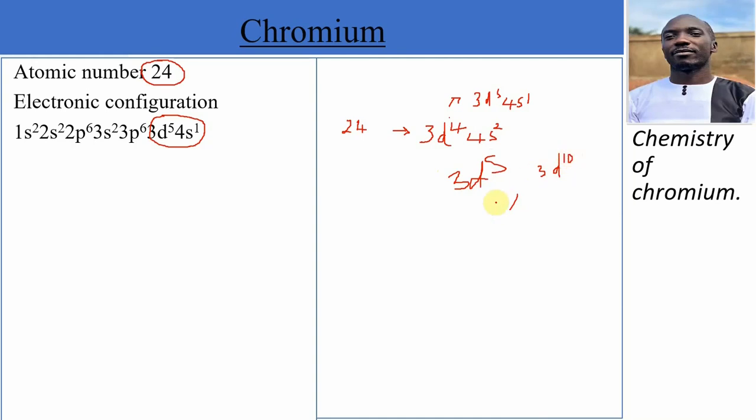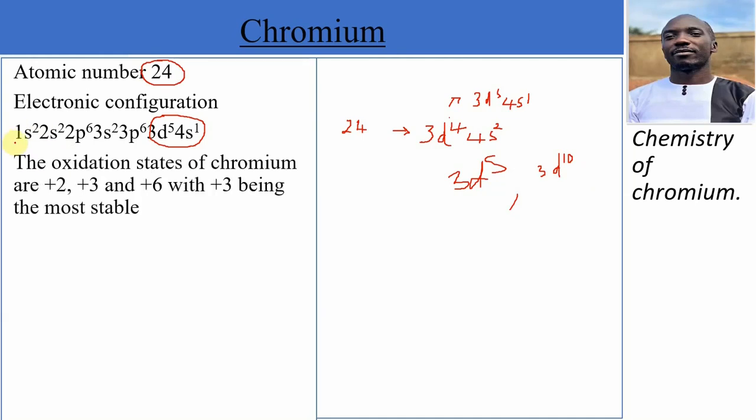Remember that this sub-energy level contains a maximum of 10 electrons. So if it has 5, it means that it is half full. If it has 10, then it is full. So if you have a configuration having such 3d sub-energy levels, it means that they are stable. So this is the stable electronic configuration of chromium.